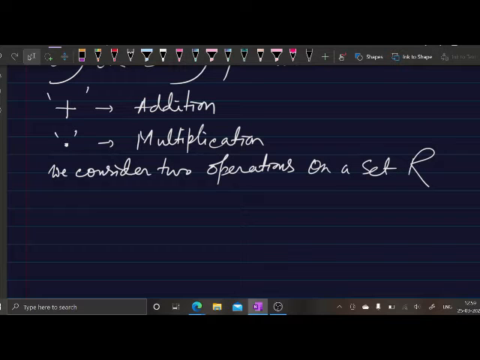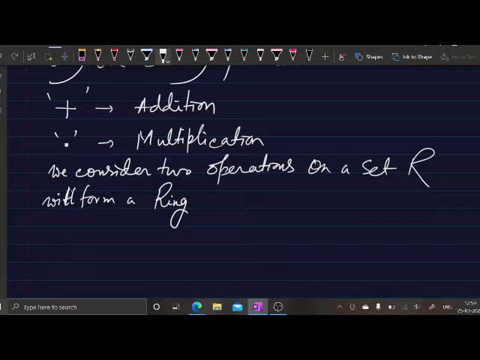So this will form a ring. Okay, this R will be called a ring equipped with two operations, one called addition, another called multiplication, denoted by plus and dot.